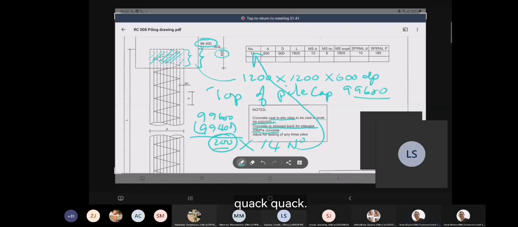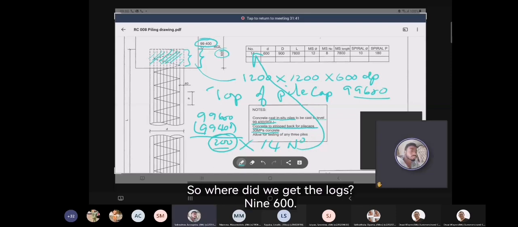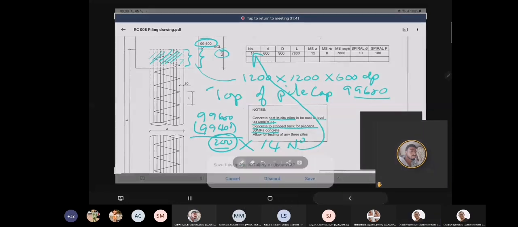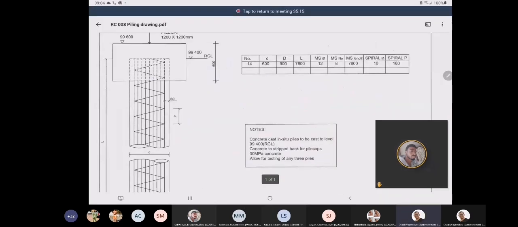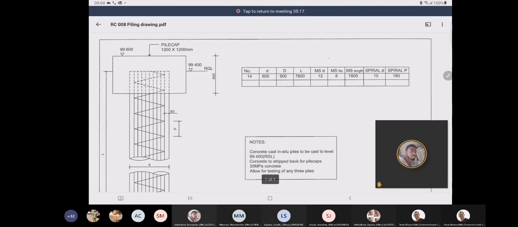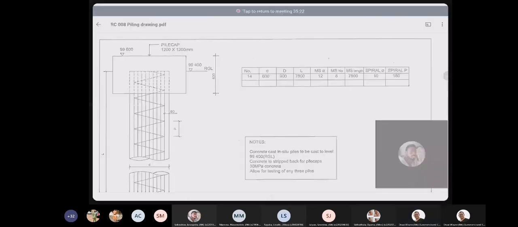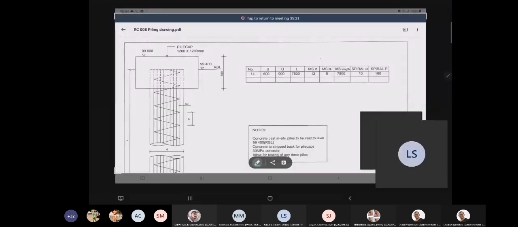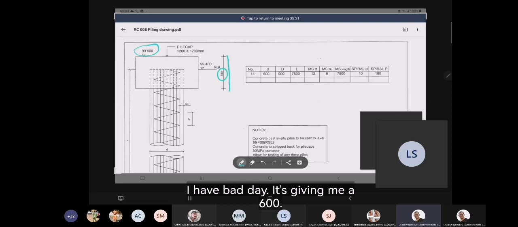Mr. Sekwakwa: So, where did we get the 99,600? The 99,600? You see it there? Top of my pile cap, 99,600. I have that there. It's giving me a 600.